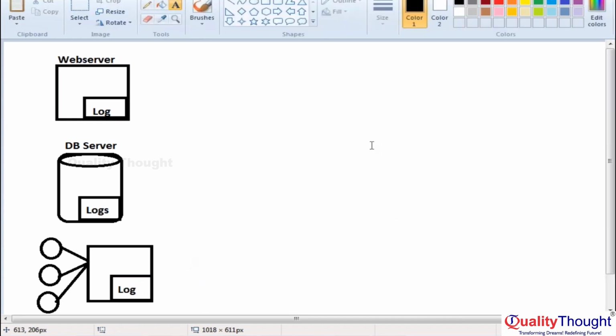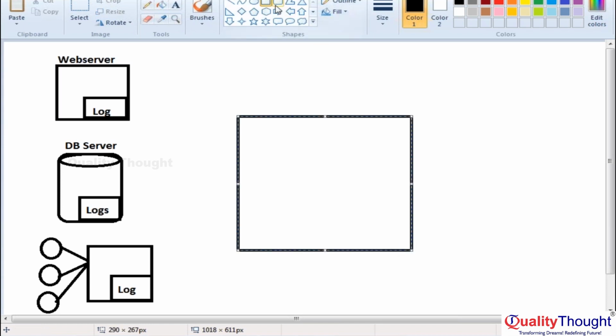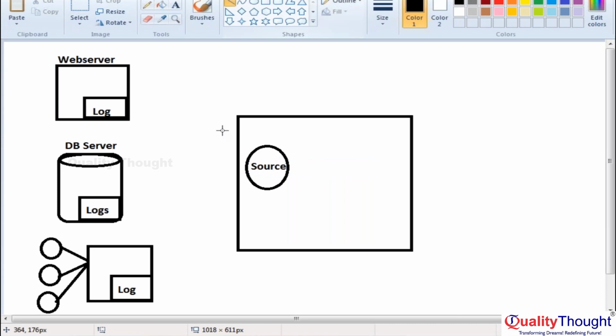Then we create a Flume agent. A Flume agent has three main components: source, channel, and sink. We configure the source with the streaming source, creating a connection between the streaming source and our Flume source.